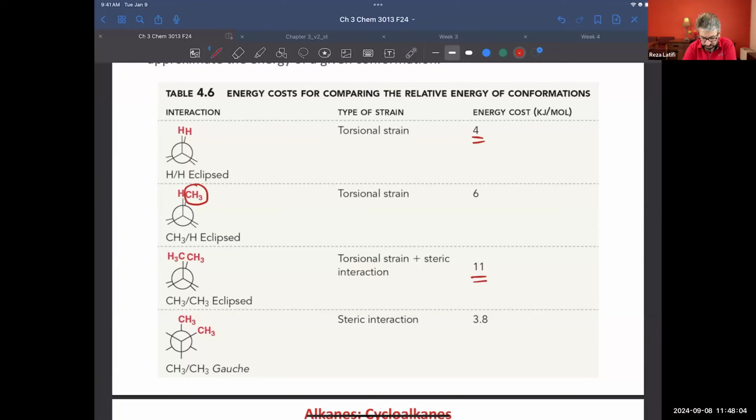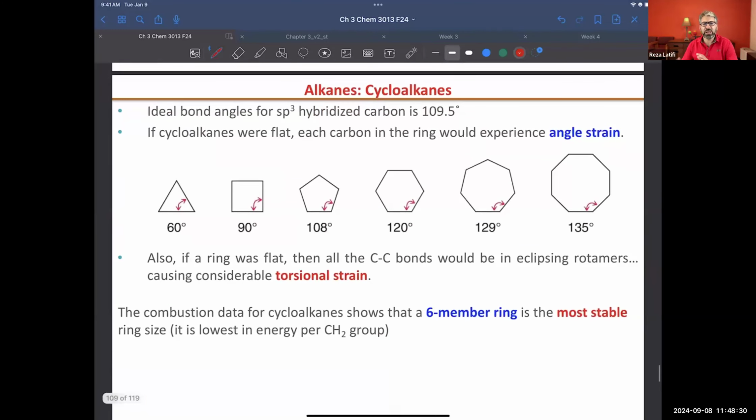And if you have two methyls in a gauche position, this time we will have just a steric effect. Theta is 60. All the previous ones, theta was 0, which means they were in eclipse condition. The last one is not in eclipse condition, it is in a gauche condition, and the system will be unstable by 3.8 kilojoule. So I covered all the types of strain that we are dealing with.